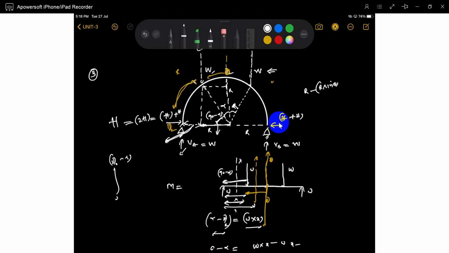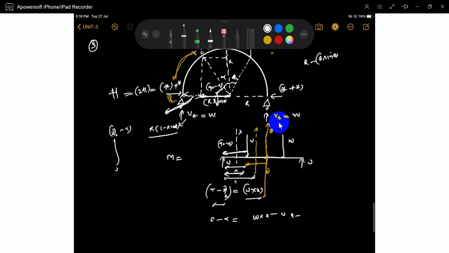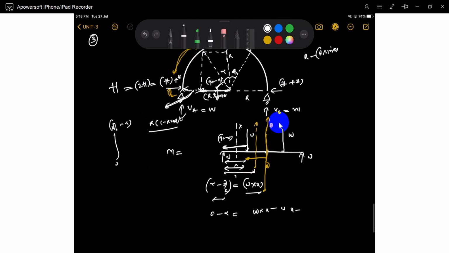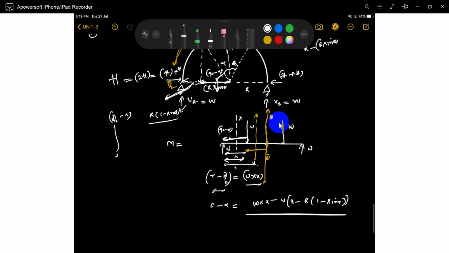This value is r sin theta, so this value is r minus r sin theta, where sin theta means alpha. That's the distance, r into 1 minus sin alpha. So that is the value of x. We will calculate x next.